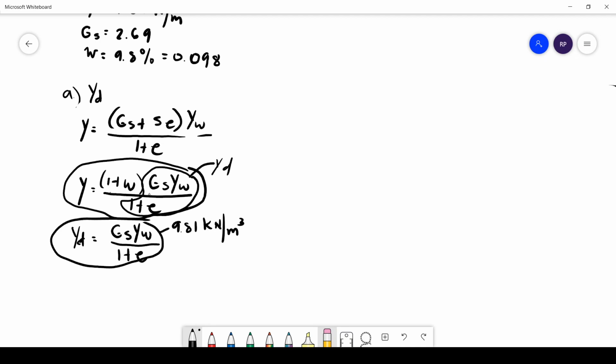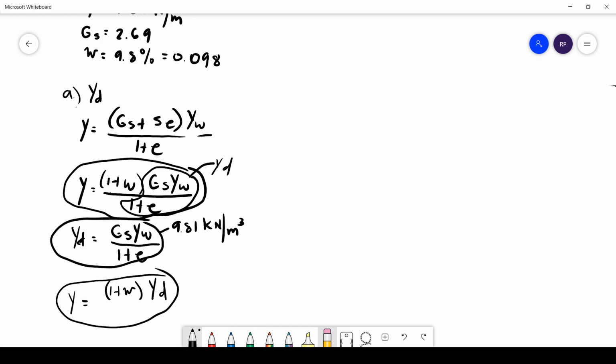So if you use that equation and transform it, we have gamma, which is the moist unit weight, equal to 1 plus W, the moisture content, times this part, which is your dry unit weight, gamma D. So, we are left with this equation.